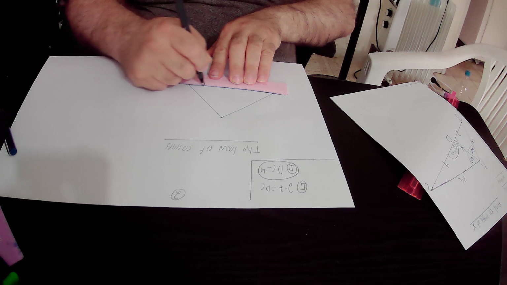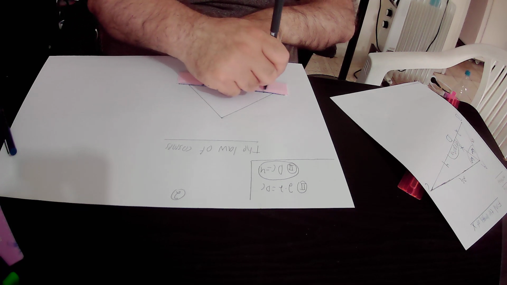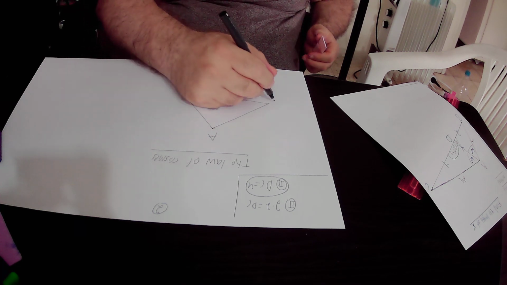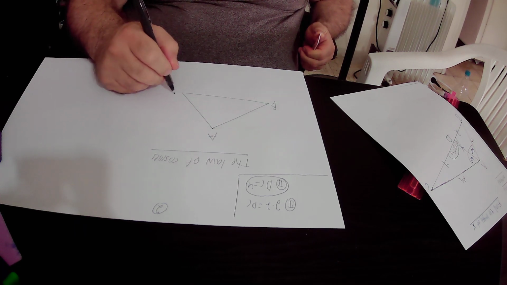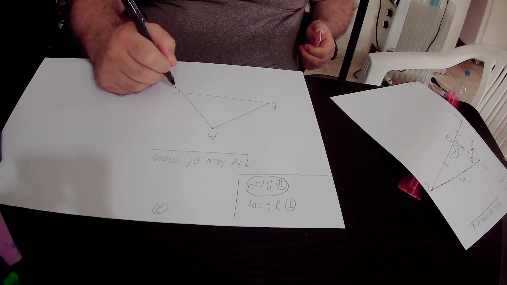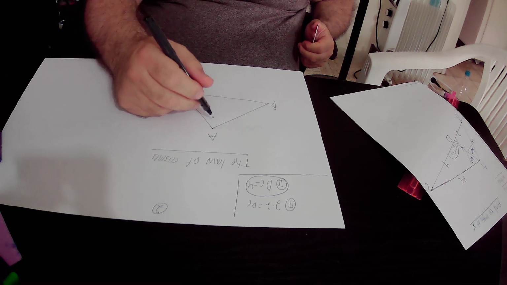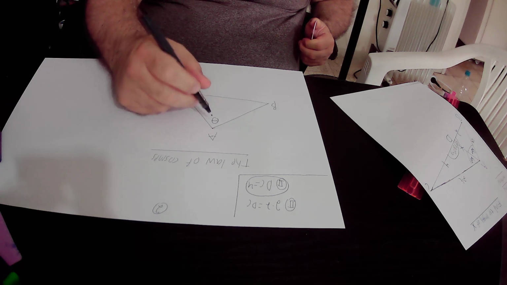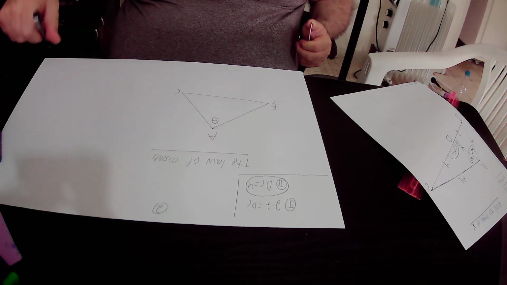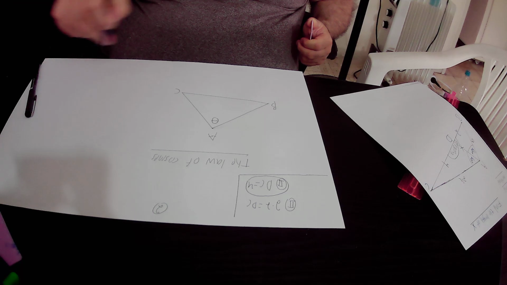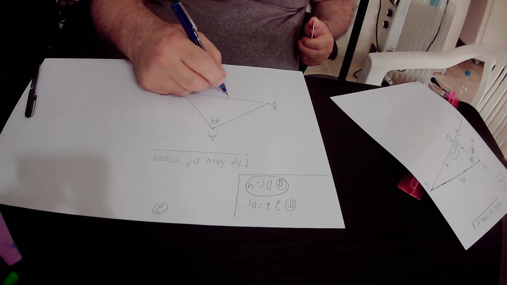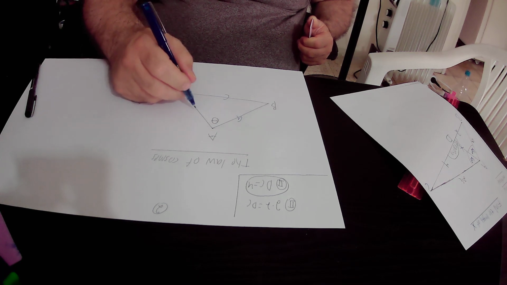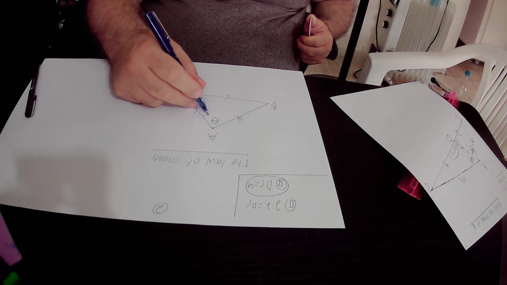This is triangle ABC. Angle BAC equals theta. The length of side BC is equal to c units. The length of side AB equals a units, and the length of side AC is b units.